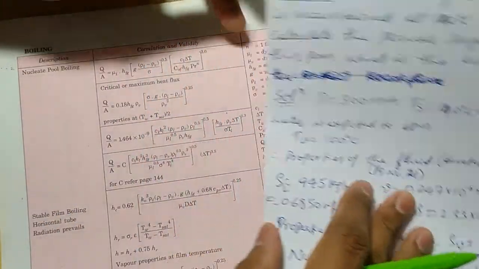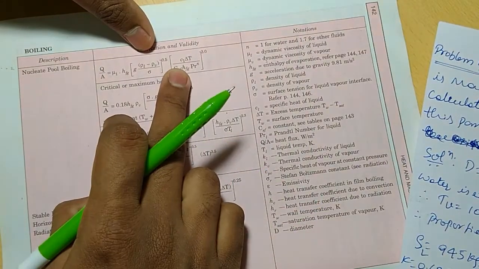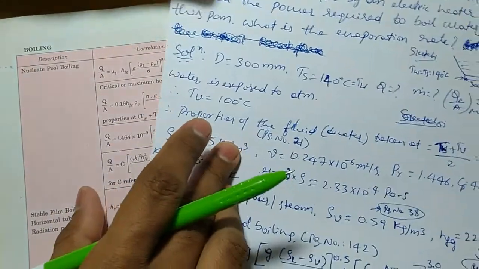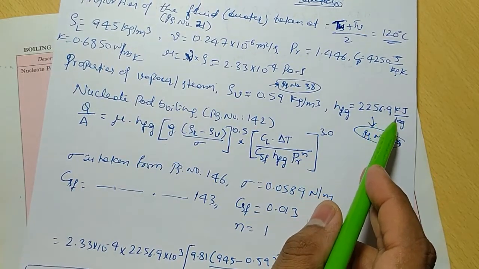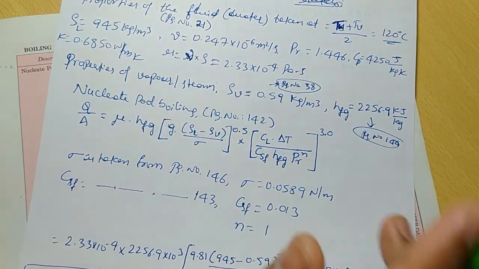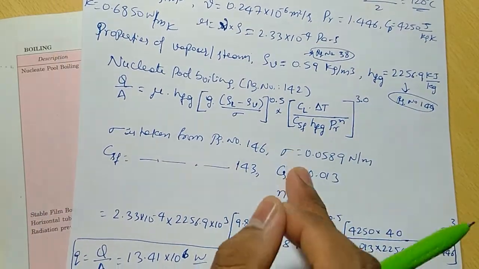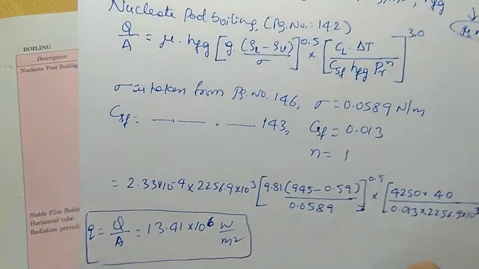Now you come to the new things. hfg is also already done in the condensation problem. hfg is 2256.9 kilojoule per kg at 120 degrees centigrade, or 100 degrees centigrade. You take that much, it doesn't make much of a difference.